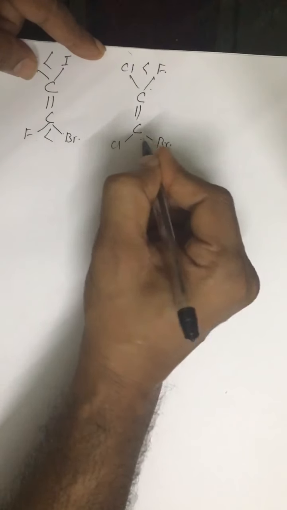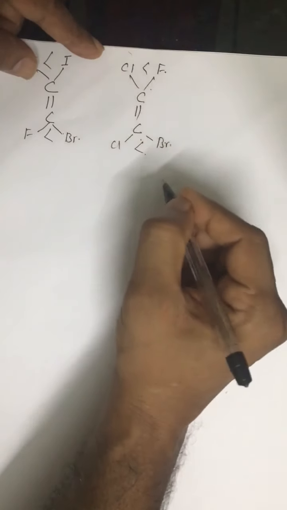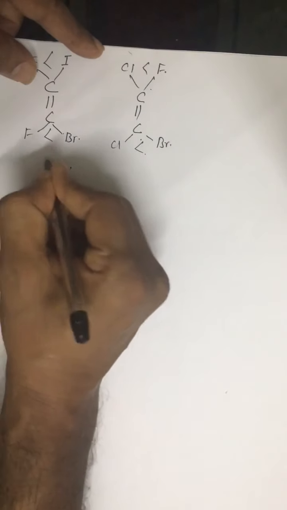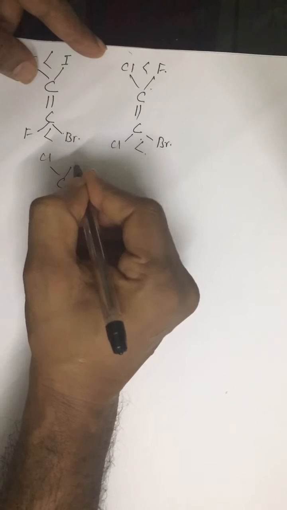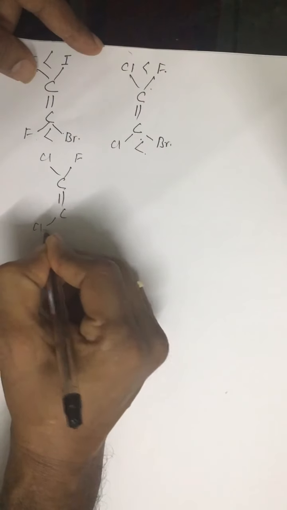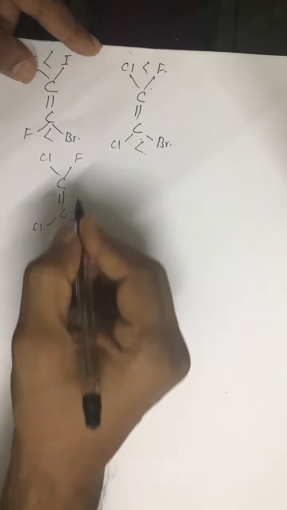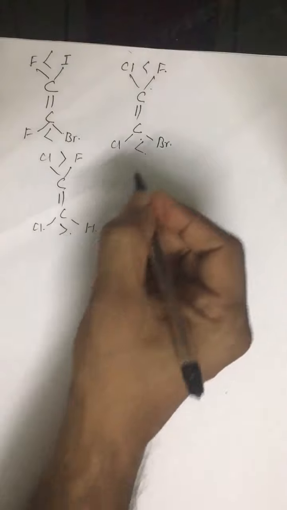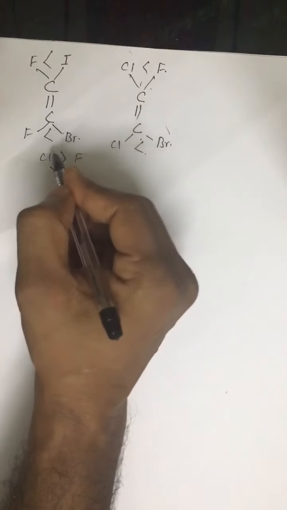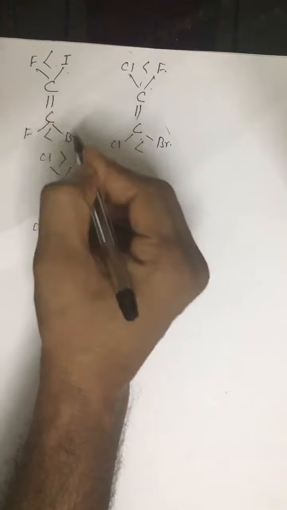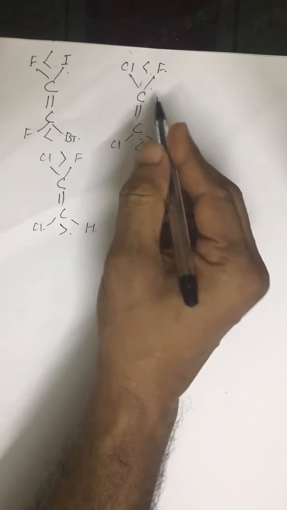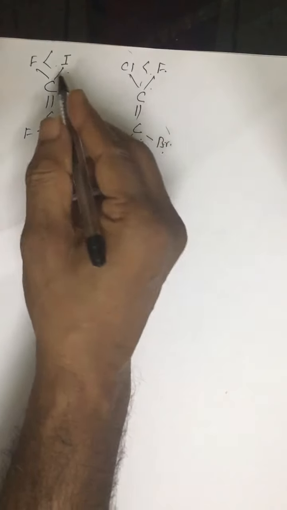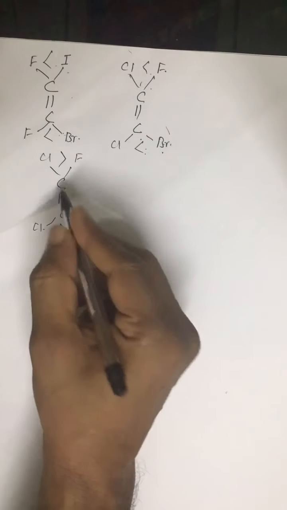This is cis form. This is also cis and Z form. Say this is cis and this is cis form. I'm sorry. This is cis and Z form. This is also cis and Z form. All right. Senior groups are on one side. Now this is cis. All right.